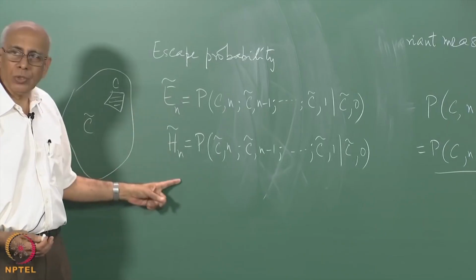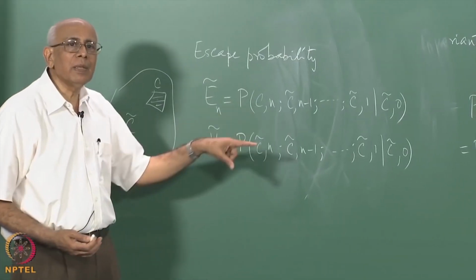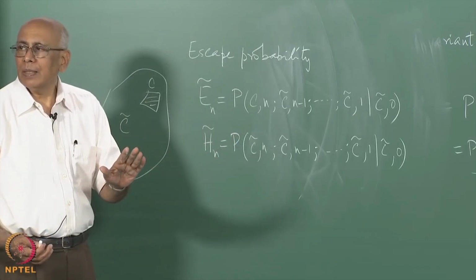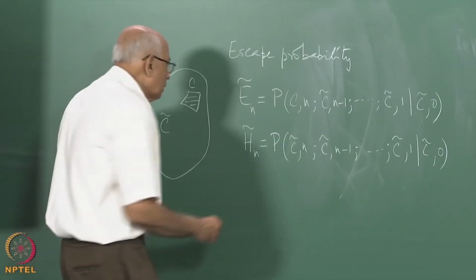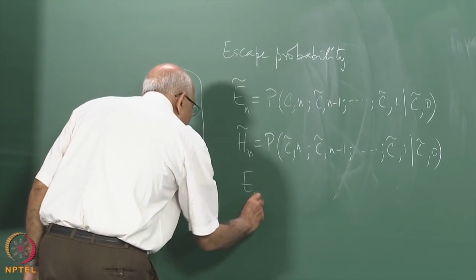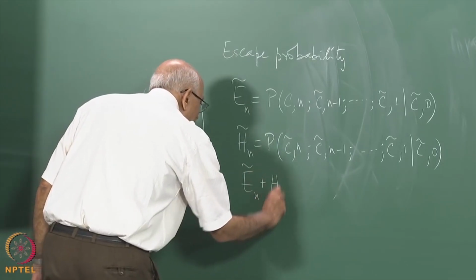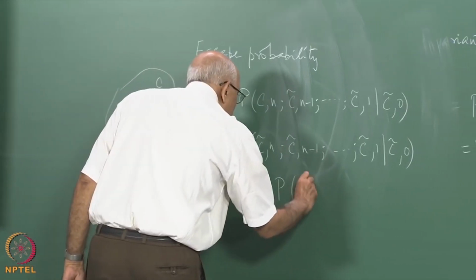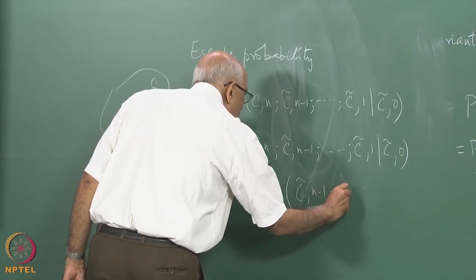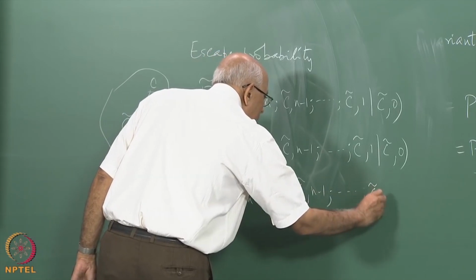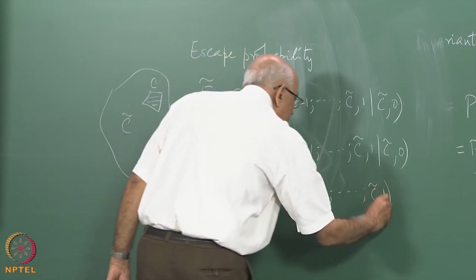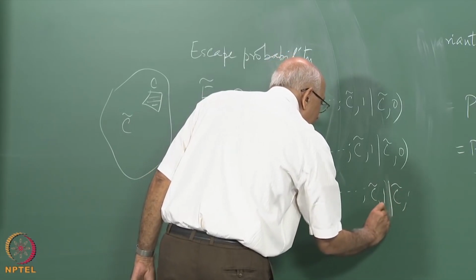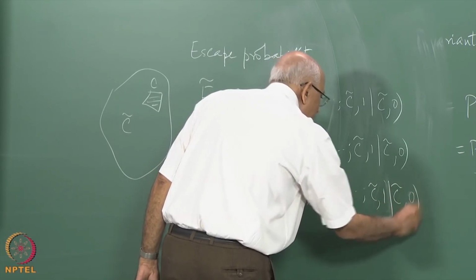So the sum of these two must necessarily be the probability that you have had a sojourn till time n minus 1. So it is immediately obvious that E n tilde plus H n tilde must be the probability P of C tilde n minus 1, C tilde 1, given that you are in C tilde 0.